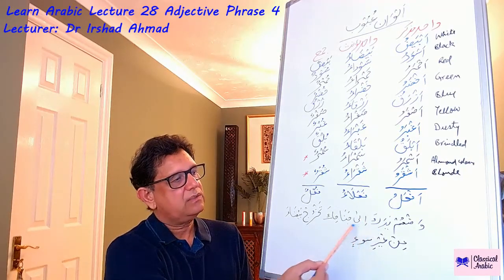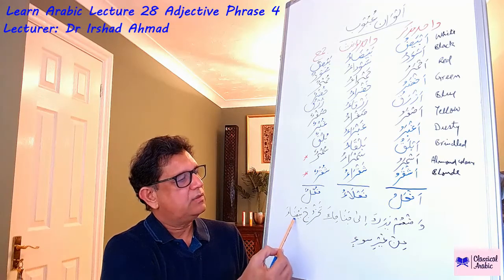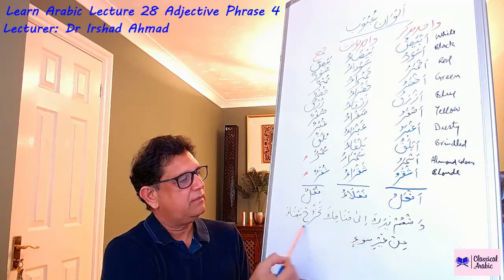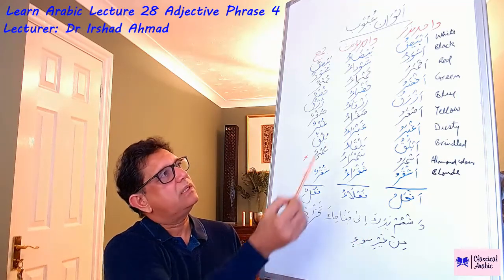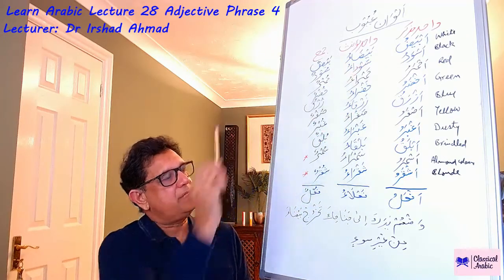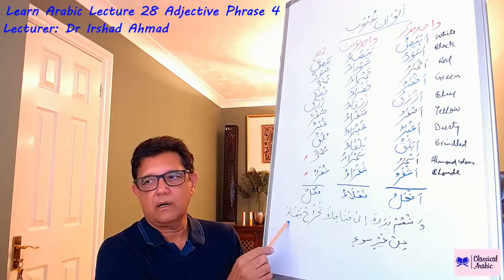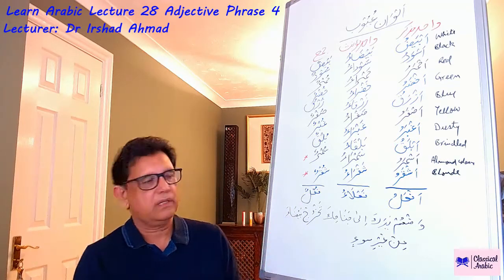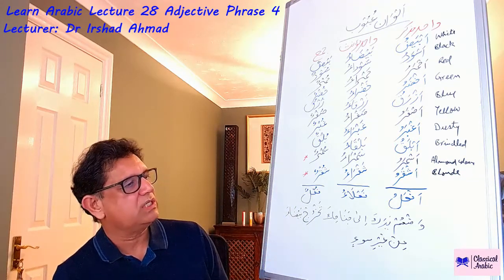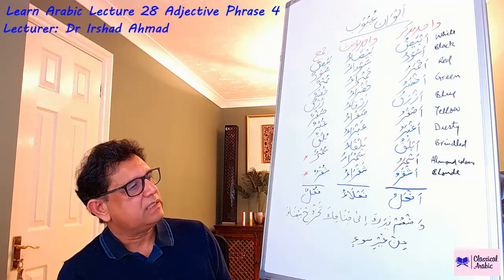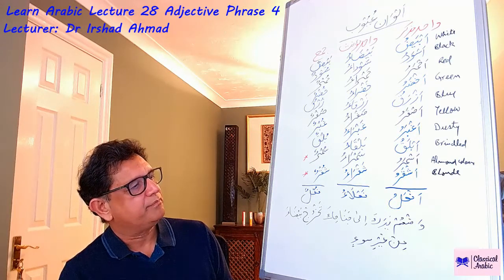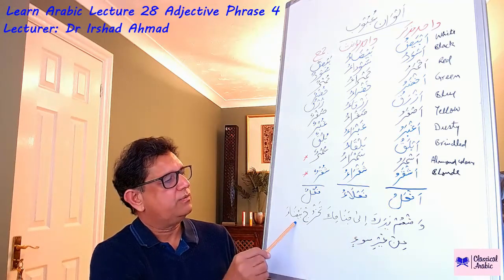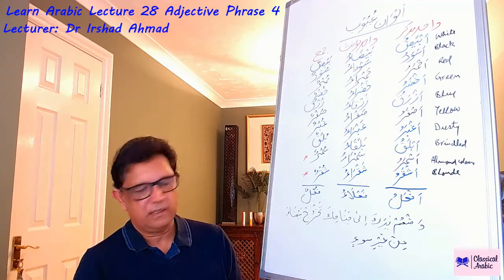When the hand becomes white, bayda'a is used because it's feminine, not abyadu. Bayda'u it will be, but because of this fail, it is bayda'a. We can't go into that because we haven't studied fail yet. So that's another example of muannas having to go with muannas.